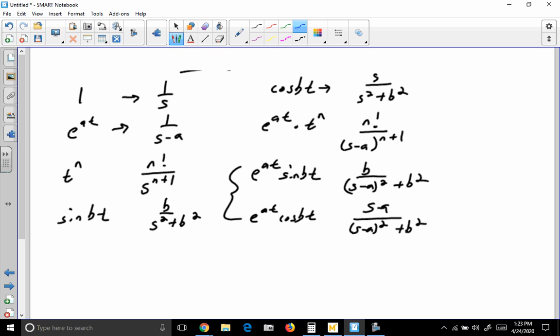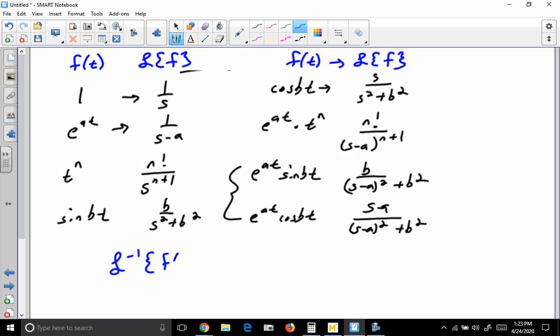So I have a list of the different transforms that we've done. So these are going from f of t to the Laplace transform of f. Same thing here. These are functions of t going to the Laplace transform of f. And if we're going in the other direction, then we're looking for the inverse Laplace transform of f of s.